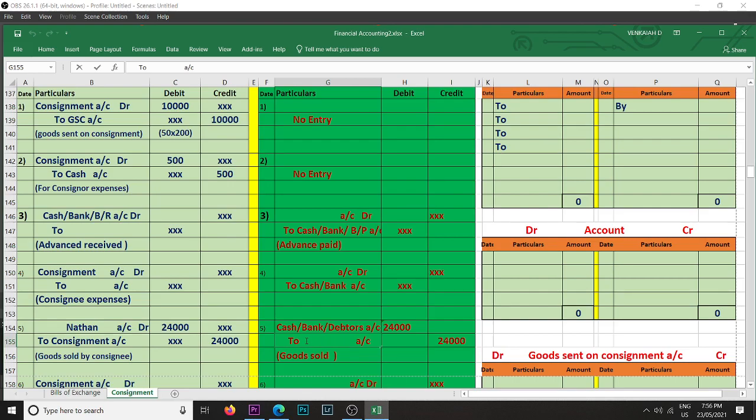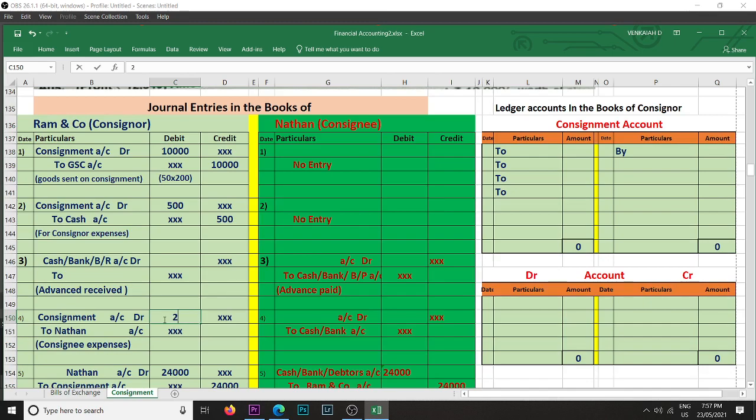Now look at the problem. Sales we recorded. The expenses paid by Nathan, the consignee, were dock dues 20, carriage 50, warehouse 130, totaling 200. These 200 are expenses belonging to the consignee. The consignee expenses entry is consignment account debit to consignee account, Nathan, 200.